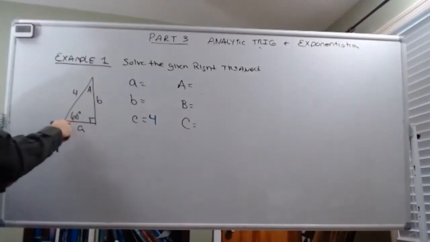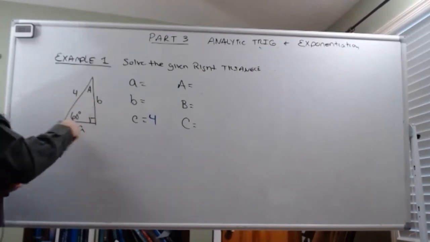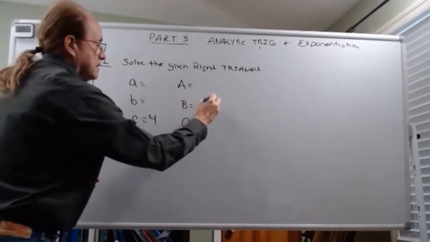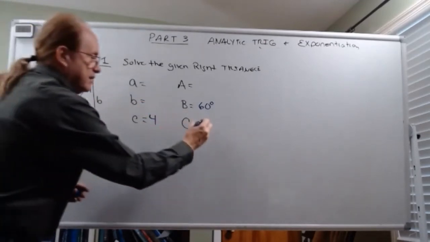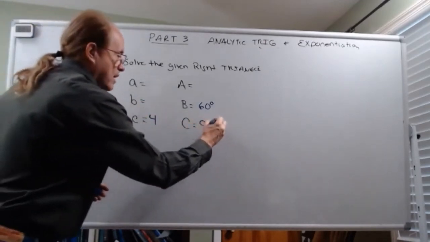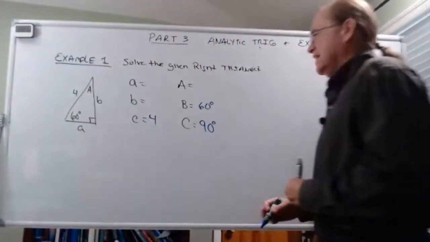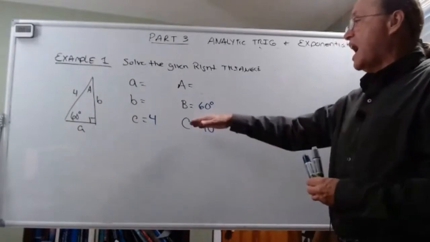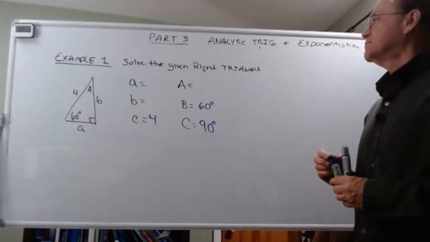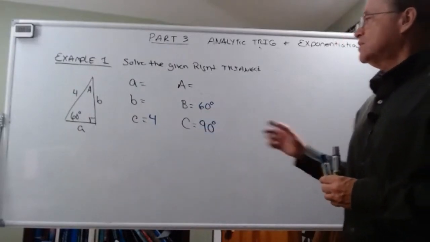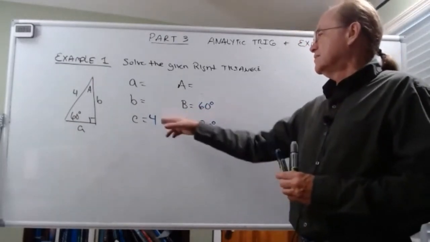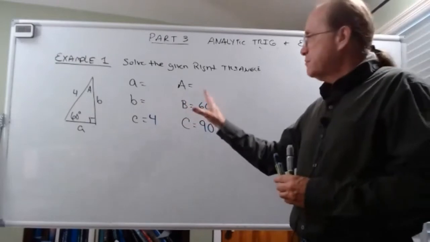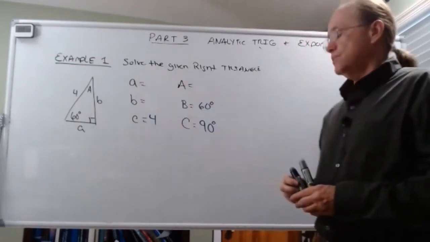I know the measure of angle B is 60 degrees. I also know that angle C is 90 degrees. This is always true for a right triangle. We're going to extend that later on to non-right triangles, oblique triangles. Notice what you have. I have 3 pieces of information here. If I have 3 pieces of information, I'm going to be able to solve for the other 2.